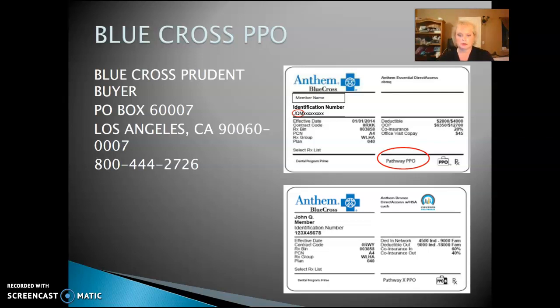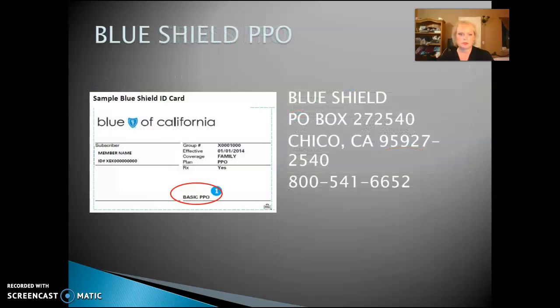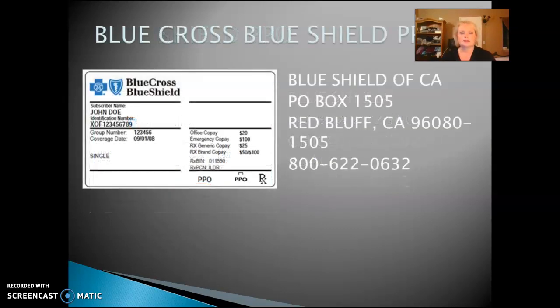So moving on. Here's Blue Shield. Blue Shield has a blue shield as the logo, and lots of similar information. The ID number, just like Blue Cross, always begins with 3 letters. Next up, you will also see combos, Blue Cross Blue Shield.